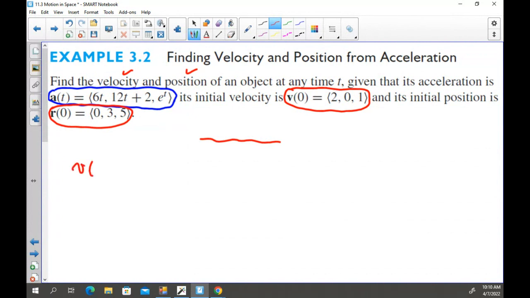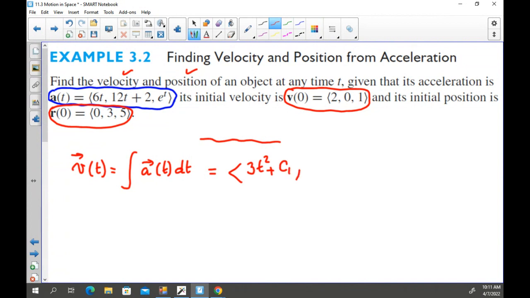So using all of this information, I want to find the velocity and the position. First the velocity. I will find it by integrating the acceleration. So we will integrate 6t. What do we get if we integrate the 6t? 3t squared plus a constant.